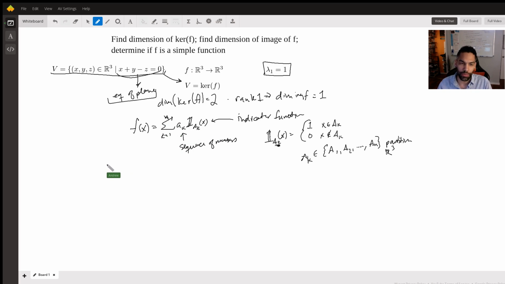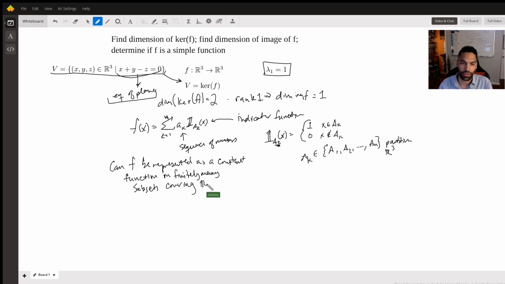So in layman's terms, if you want to determine if a function is simple, you're basically asking, in this case, can f be represented as a constant function on finitely many subsets covering R3?